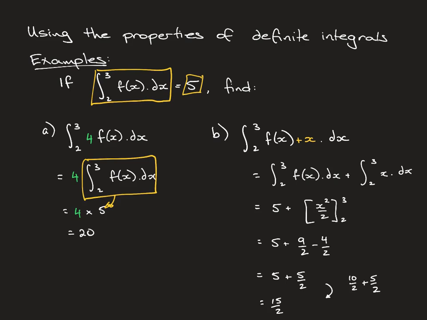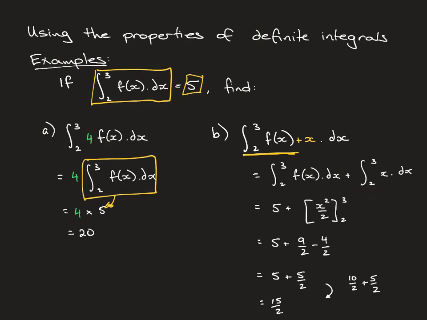Okay, so the next one, find the integral from 2 to 3 of f of x plus x dx. So this is a little bit weird, we're integrating this whole thing all together. So what we're going to do is split it into the integral that we've got up here, this little yellow section, and then we're going to integrate the section with plus x, just this bit here.